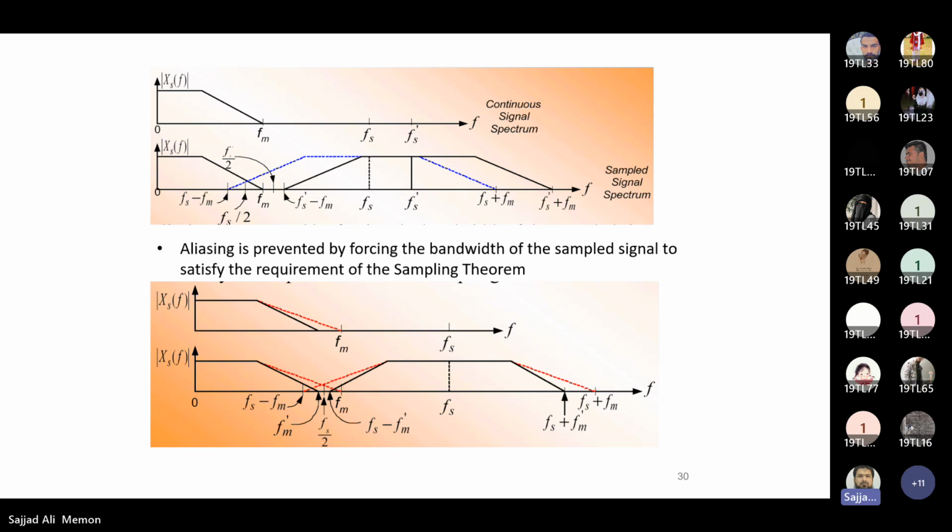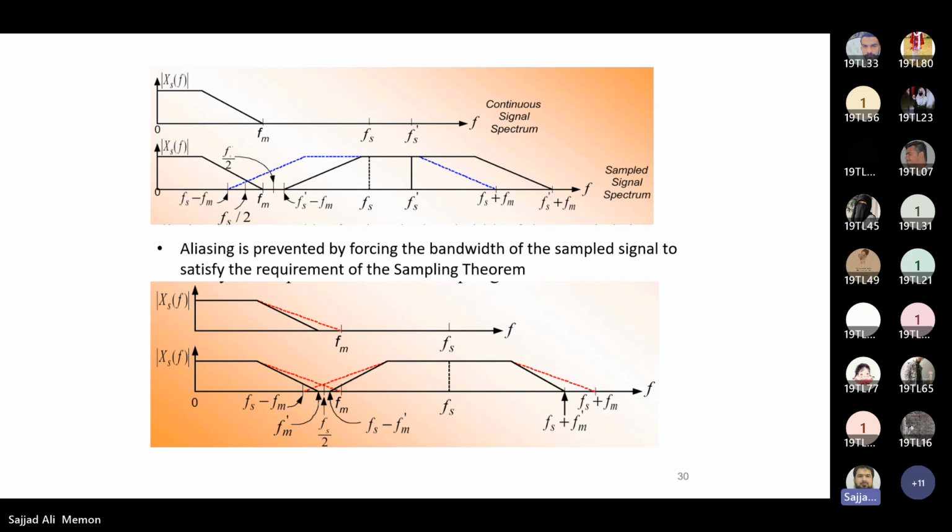So one point is here, the maximum frequency component, and this is half of the sampling frequency, and this one is the difference between the sampling frequency and the maximum frequency at this point. And this is f of s dash over 2, the higher sampling frequency, that is here.